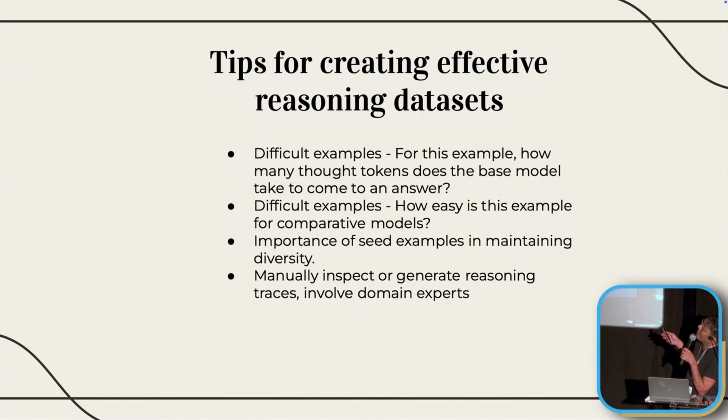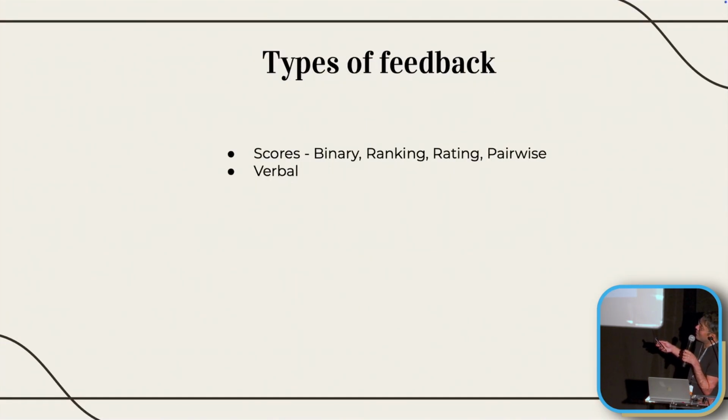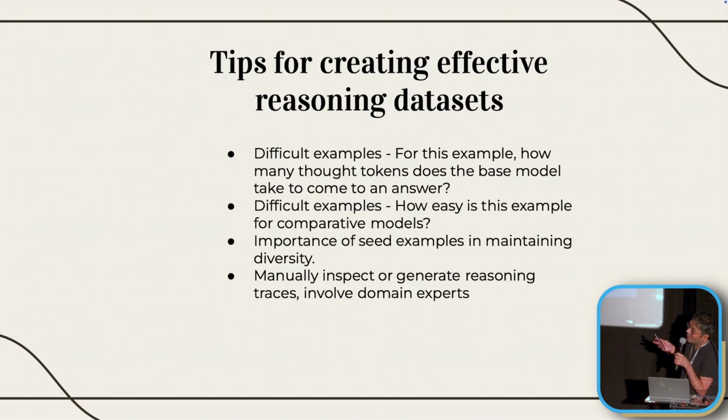So how do we achieve all of these? A lot of it goes back to creating very effective reasoning data sets. And there have been papers where they show, okay, you just use 1,000 examples and your model is now suddenly a very good reasoning model.